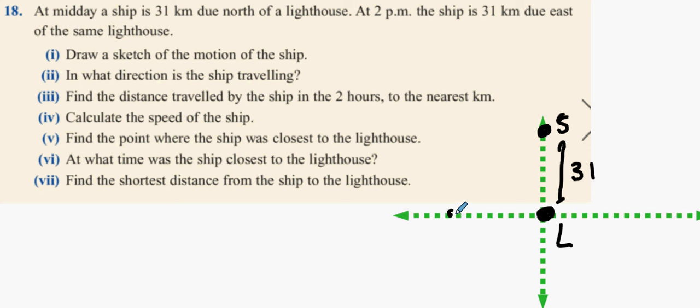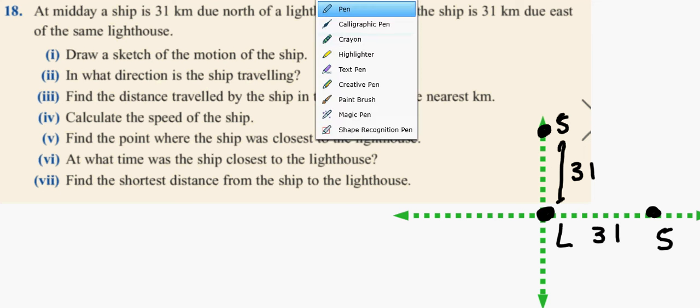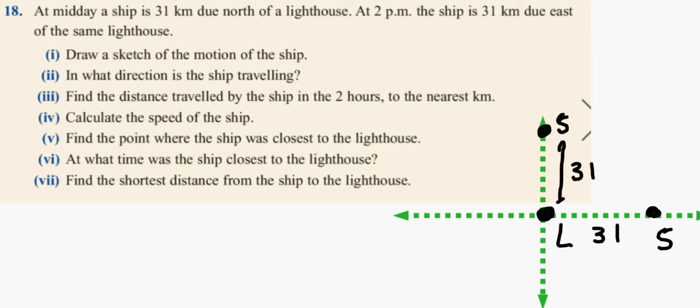Then 2 hours later it's 31. Sorry, that's west, isn't it? Yeah. East. Ship's there then later on, isn't it? And it's also 31, yeah? And the ship travelled along what line? Ship must have travelled along this pink line here. From here to here. Okay?